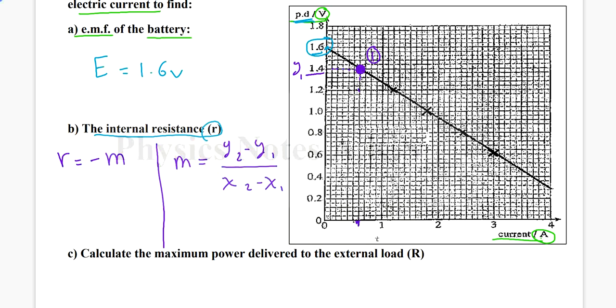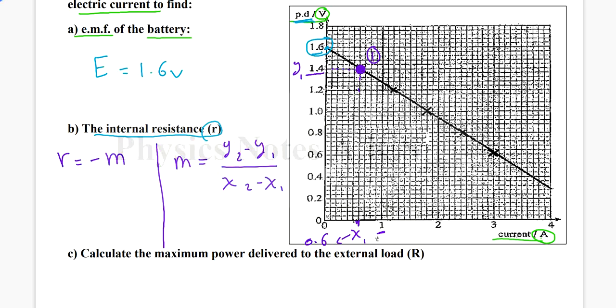This is the x1. Let's read how much is the x1. Since this one here is all of it 1, I count the small squares inside. I have 1, 2, 3, 4, 5, 6. So this value is actually 0.6 ampere. This is the x1.